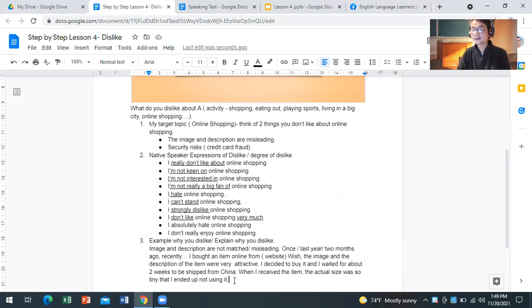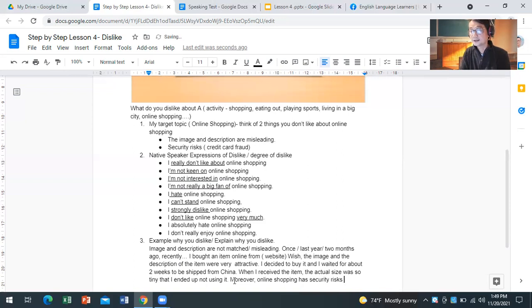The second reason why I dislike online shopping. So I add "moreover" to connect my ideas. Moreover, online shopping has security risk.